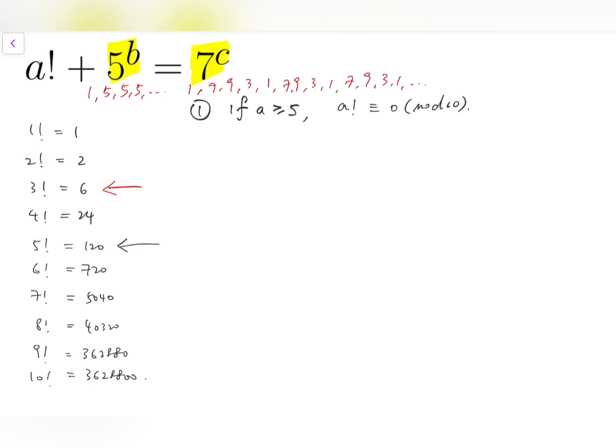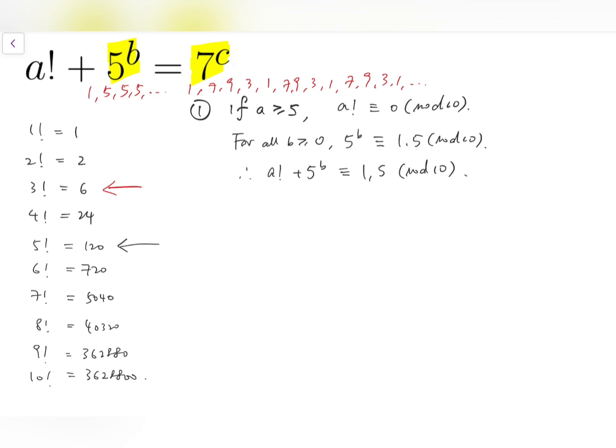A factorial is congruent to 0 mod 10, and 5 to the power b is either 1 or 5 mod 10. So therefore a factorial plus 5 to the power b must be either 1 or 5 mod 10.